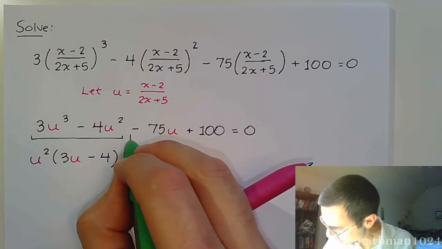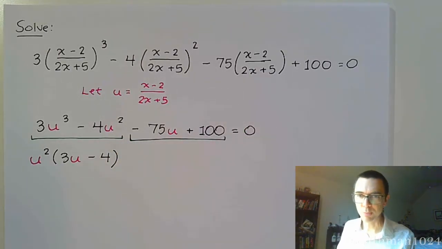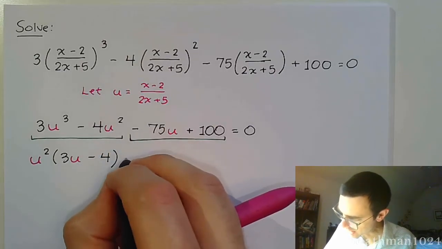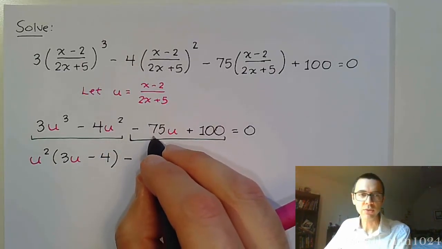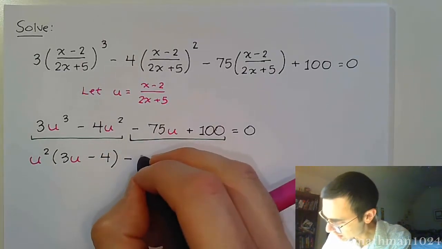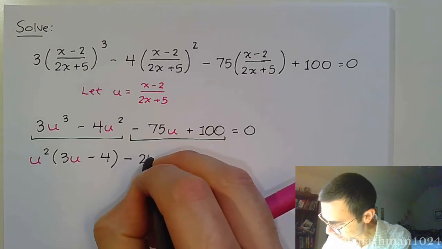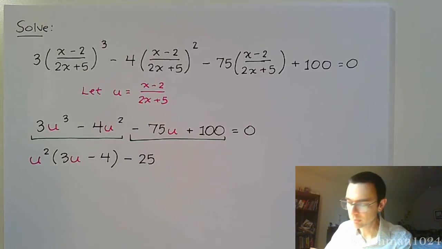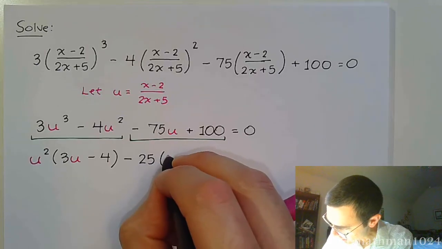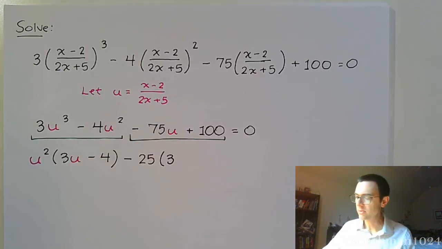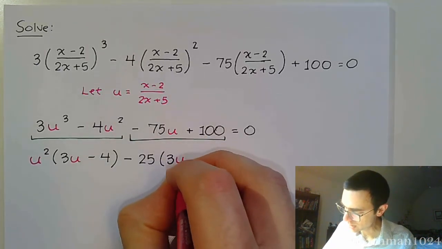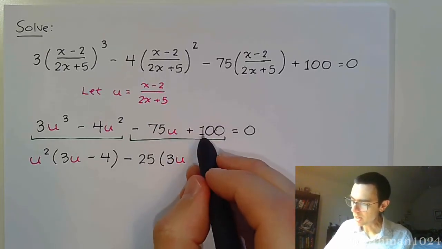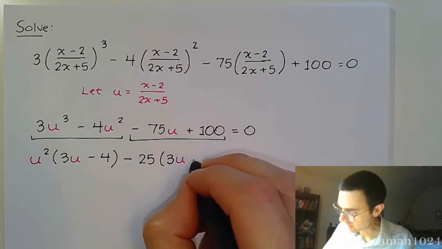In the second group begins with a negative, so we factor the negative out. The common factor for 75 and 100 is 25. So we factor that out. We're left with a positive 3u, and the positive 100 divided by negative 25 is negative 4.